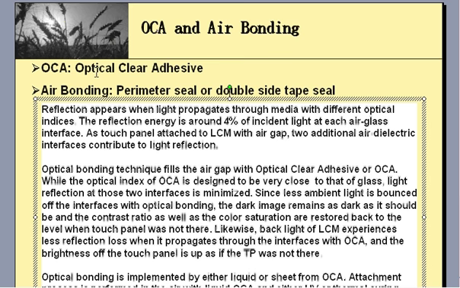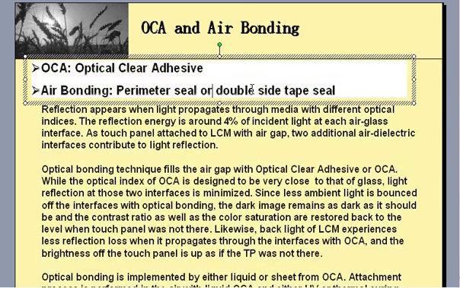One is optical clear adhesive bonding, which we call OCA, and another is air bonding, which some people also call pyramid cell or double-side tape cell. Air bonding is low cost, while OCA is a very high cost. It is not reworkable, while air bonding is reworkable. But OCA looks much more beautiful than air bonding.